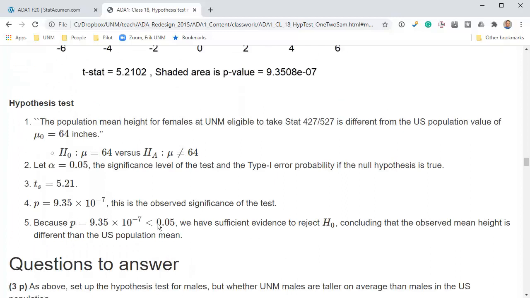Because the p-value is less than alpha, we have sufficient evidence to reject the null hypothesis. And now we can state what our conclusion is in words. What does it mean to decide in favor of the alternative? We conclude that the observed mean height is different than the U.S. population mean.